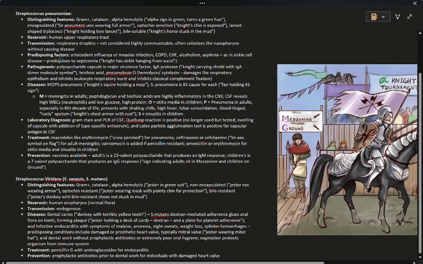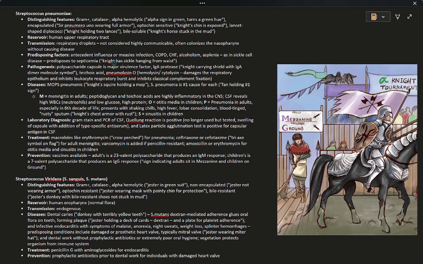Some predisposing factors to being infected by Strep pneumoniae are antecedent influenza or measles infection, COPD and CHF as other major risk factors, and then alcoholism and asplenia, such as in sickle cell disease. All these things will predispose to septicemia involving Streptococcus pneumoniae.